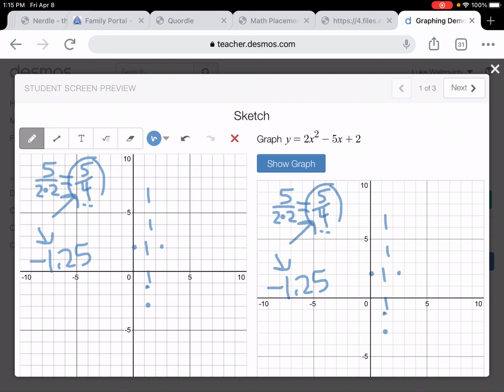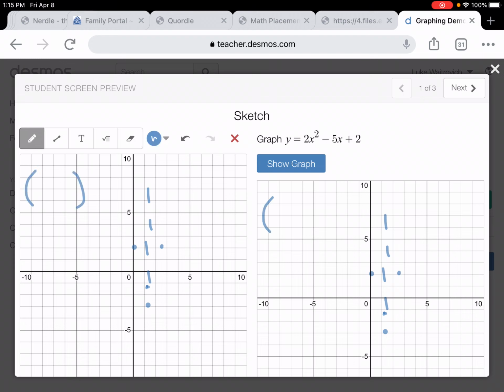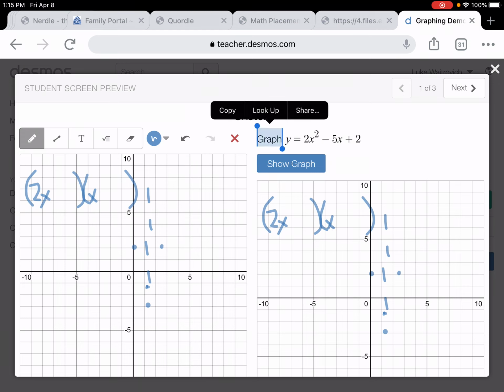Now the other thing I want to show is how we could get the x-intercepts. If you're given something in standard form, sometimes it might just help to try to factor it and see what happens. And so if I factor this, it's going to break down to 2x and x. And then my factors are going to be 2 and 1, and if I go minus, it all works out.